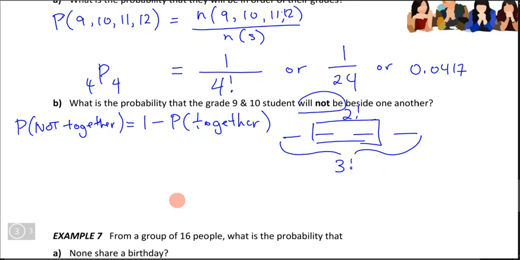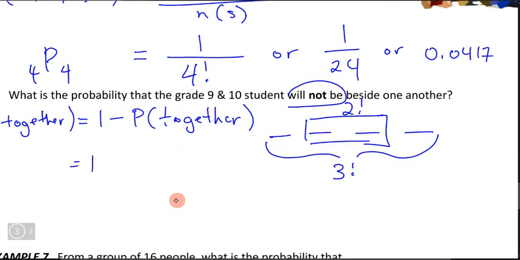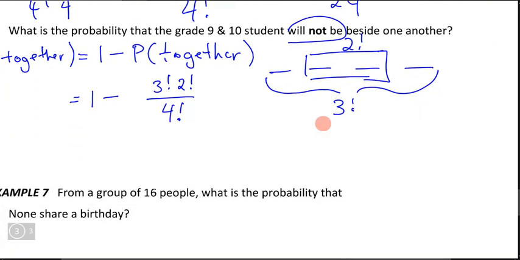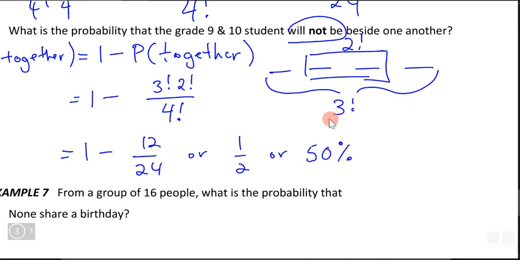So the probability that they are together is how many ways to arrange them? 3 factorial times 2 factorial ways, divided by the total number of ways to arrange these 4 students, which is 4 factorial. And that's equal to 1 minus 12 over 24, or 1/2, or 50%. So there's a 50% probability that the grade 9 and 10 student will not be beside each other.